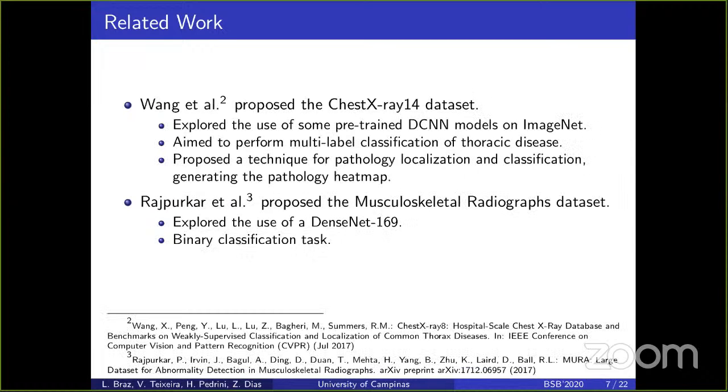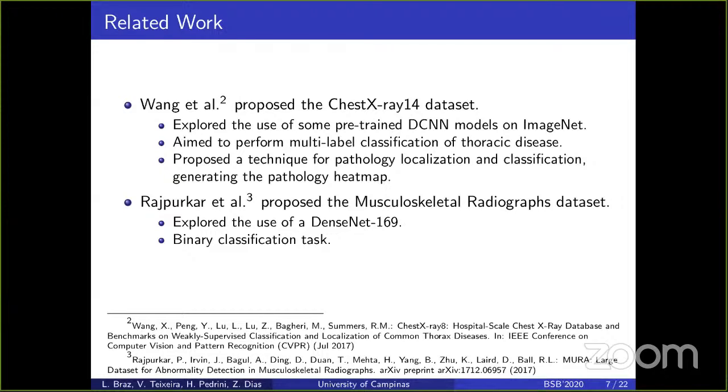Wang and other authors proposed the ChestX-ray14 dataset. They explored the use of some pre-trained DCNN models on ImageNet. And the authors aimed to perform a multi-label classification of thoracic diseases and proposed a technique for pathology localization and classification by generating the pathology heat map.